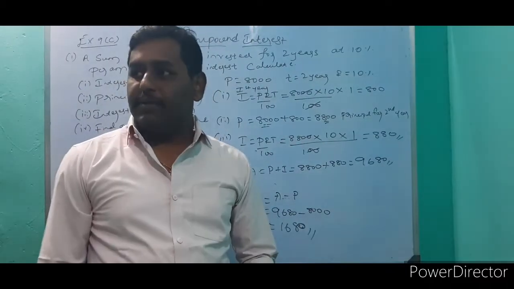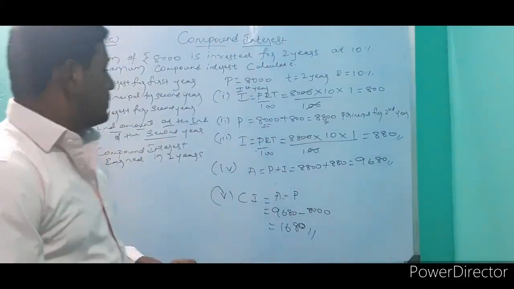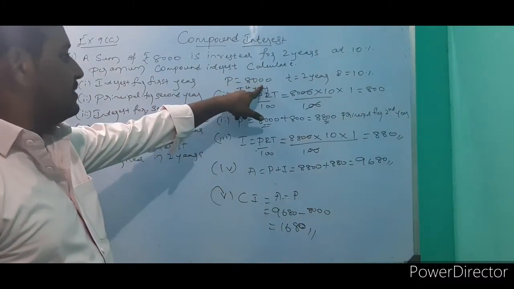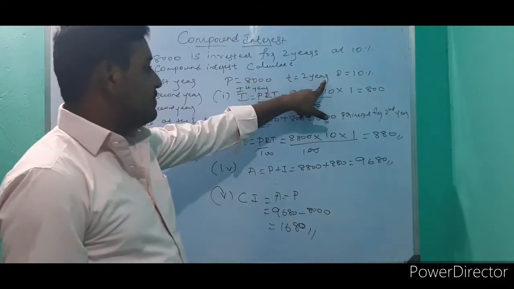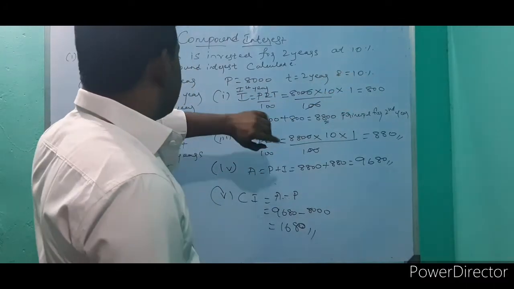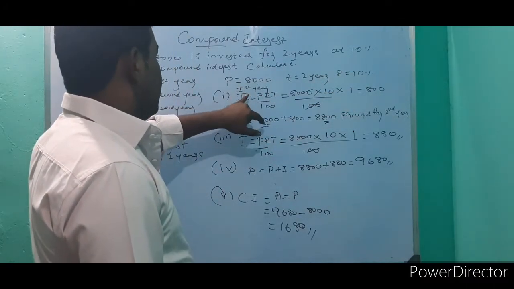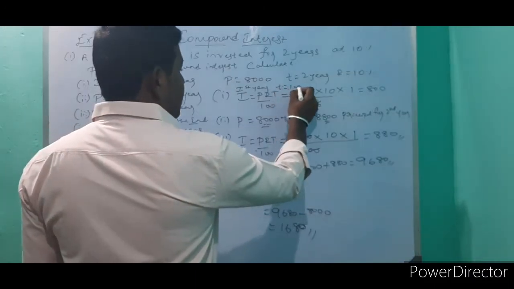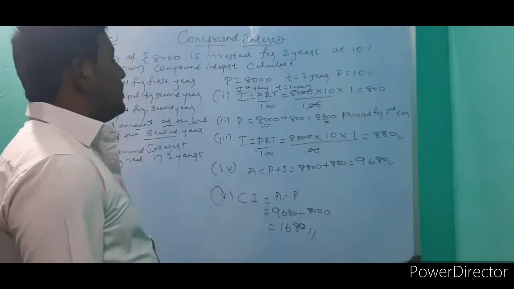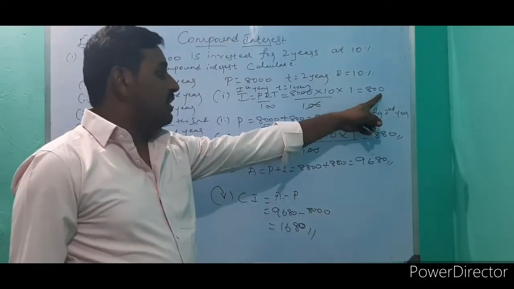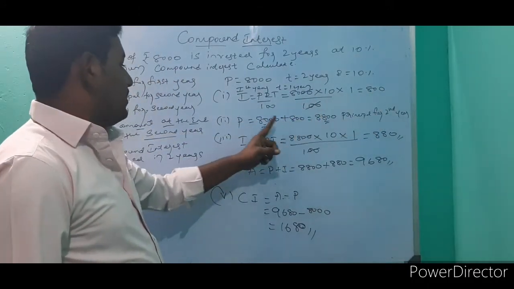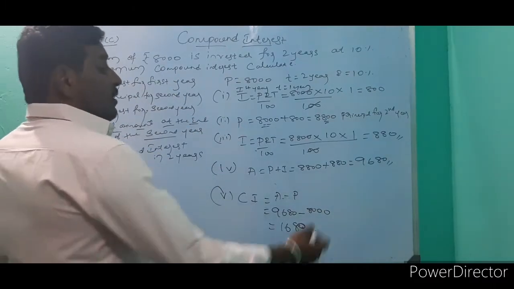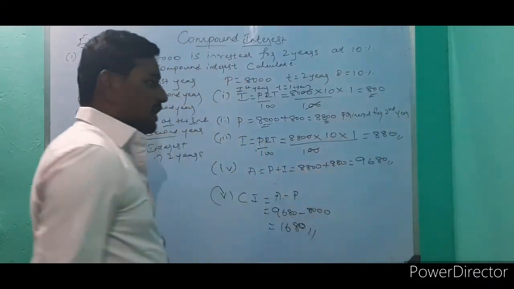One second, I will repeat the process here. Principal you have taken 8,000, T is 2 years, rate of interest is 10. So for the first year, you have to find the interest. For the first year, T you have to consider 1 year. In the 2 years, first you find the interest. After finding the interest, add it to the principal. What will you get? 800 is the interest.